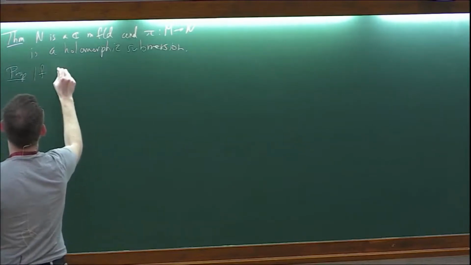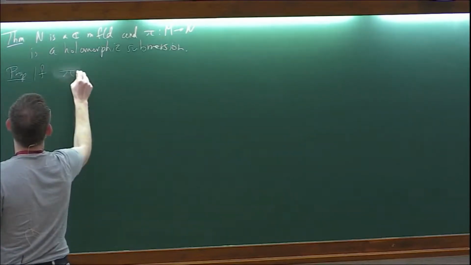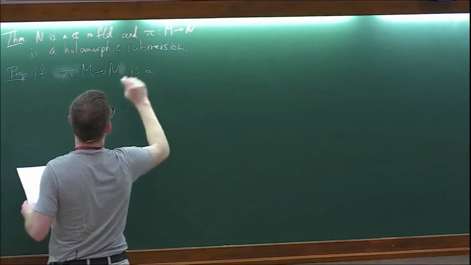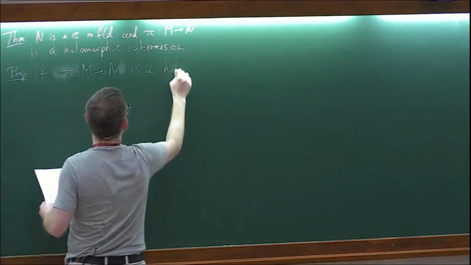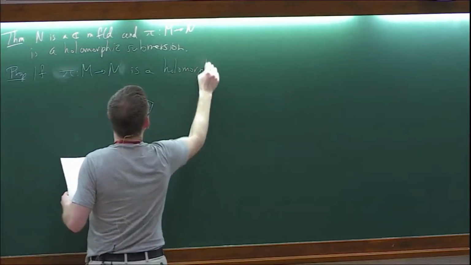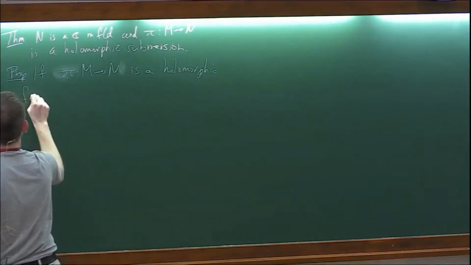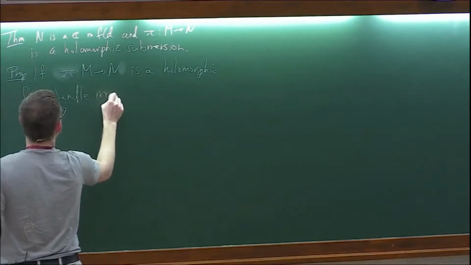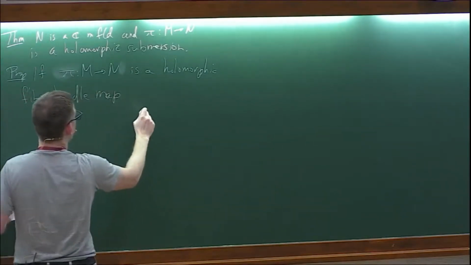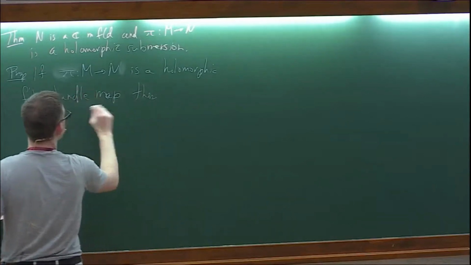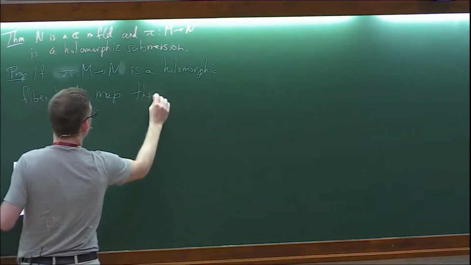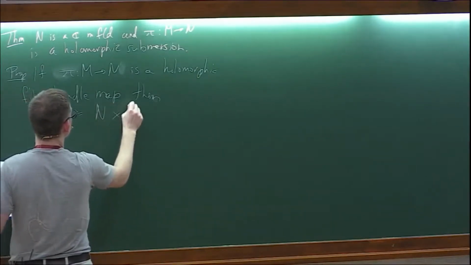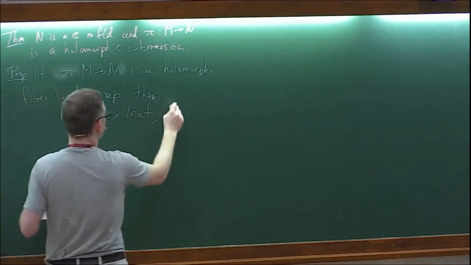if pi takes M to N is a holomorphic fiber bundle map, then something strange happens. Then, in fact, M is actually N cross the leaf, the trivial foliation.